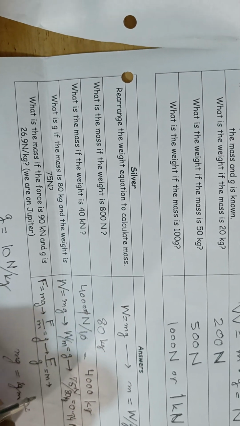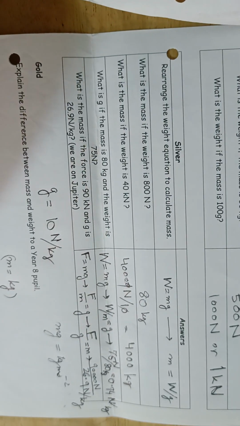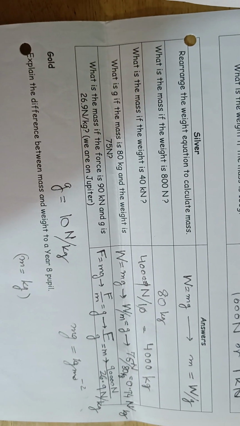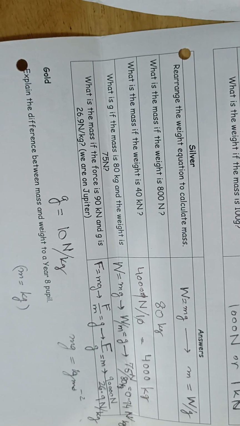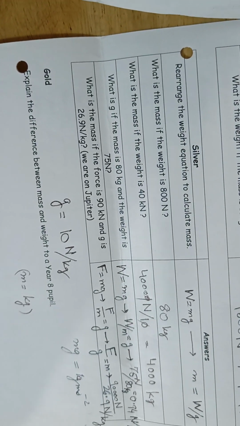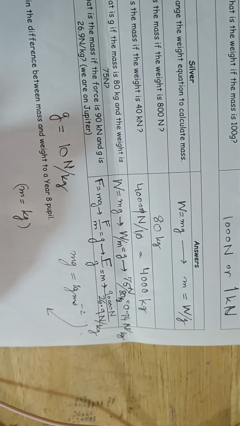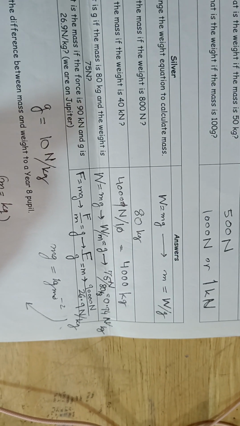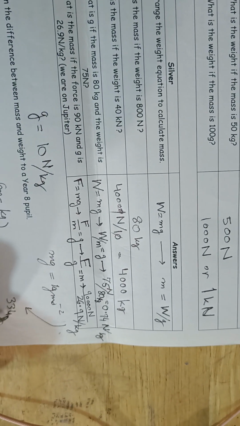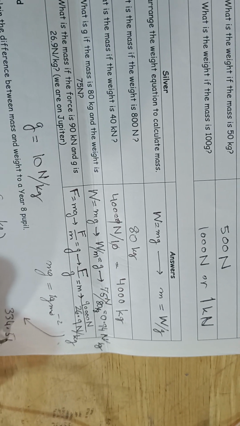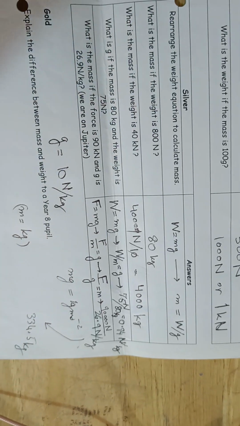That'll be 90 kilonewtons, 90,000 newtons divided by newtons per kg. So roundabout 334.5 kilos.